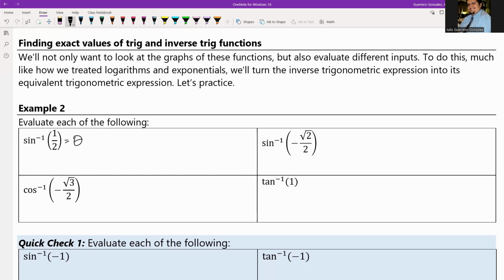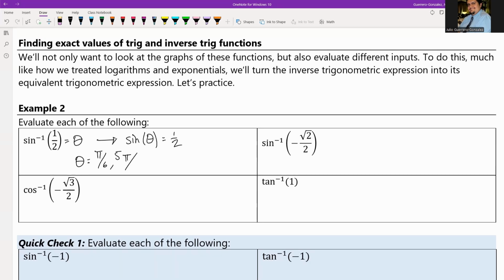This is equivalent to saying, we've already done this one, I want the sine of some angle theta to be equal to 1/2. As we saw above, the two answers that we get are theta equals pi over 6, 5 pi over 6.